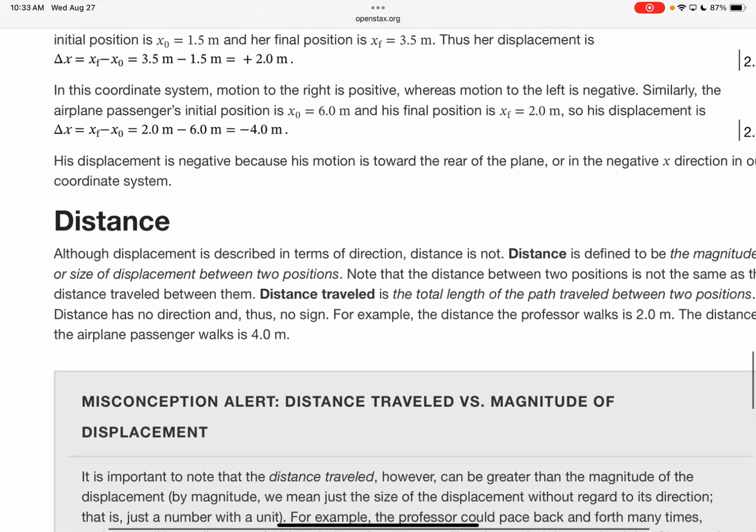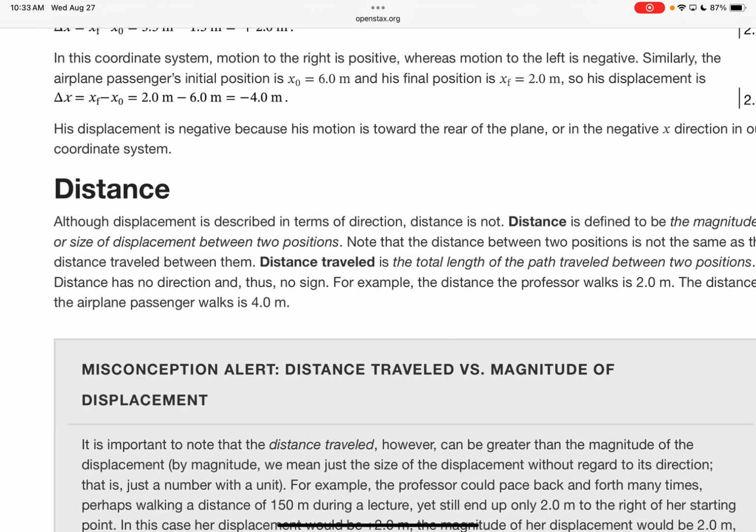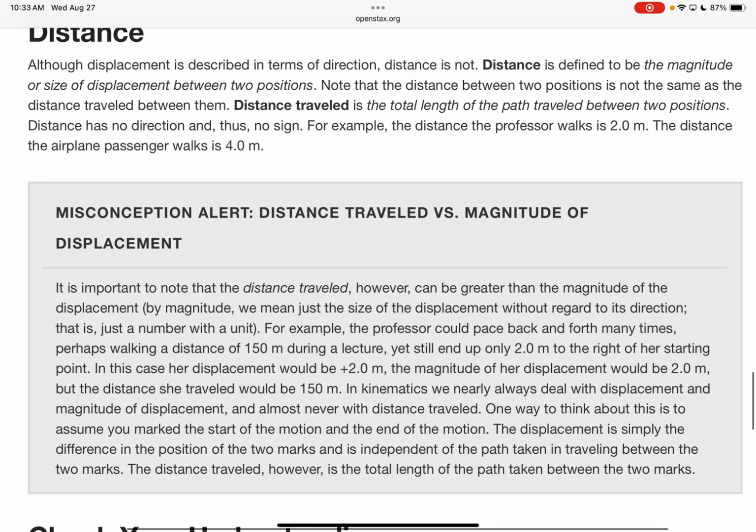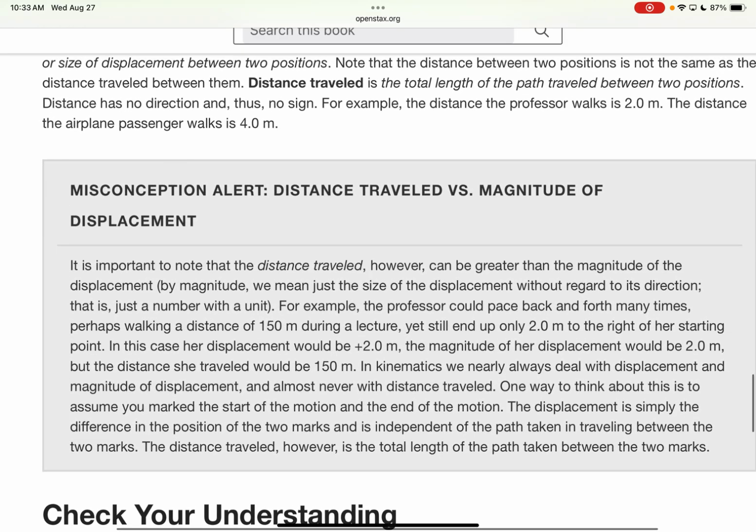All right, so then they distinguish between displacement and distance. And this is a common misconception. I like to focus on misconceptions because there are many in science in general and physics specifically. So as I said earlier, we set outside my room as being the 0 mark and travel to the office, which we established as the positive direction.